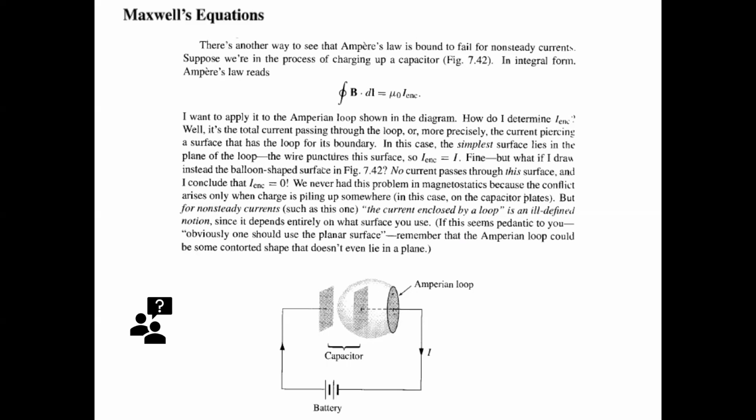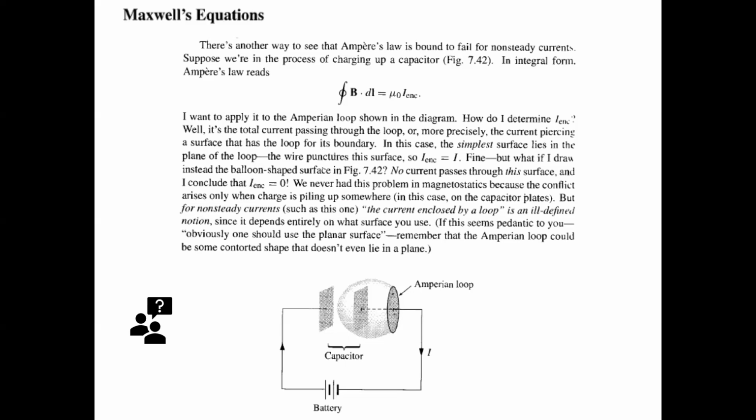Now, if we apply this Amperean loop shown in the diagram, then to determine the I enclosed, which is the total current passing through the loop, or more precisely, the current passing through a surface that has the loop for its boundary. In this case, the simplest surface lies on the plane of the loop. A wire punctures this loop. So I enclosed will be the current flowing through the circuit.